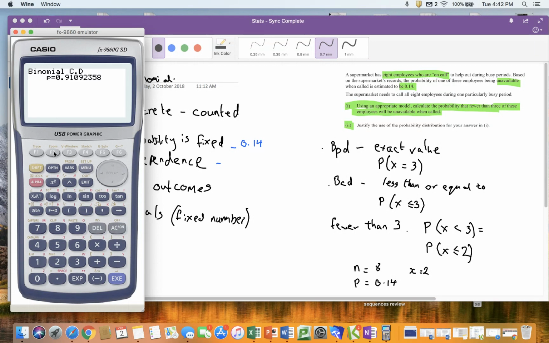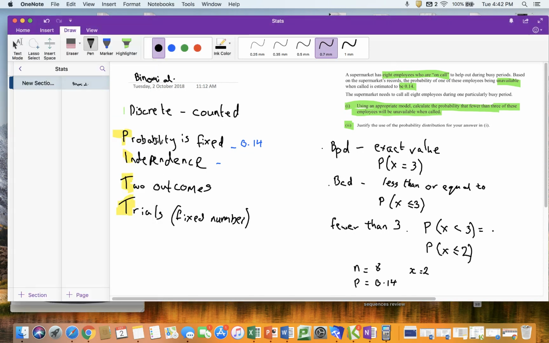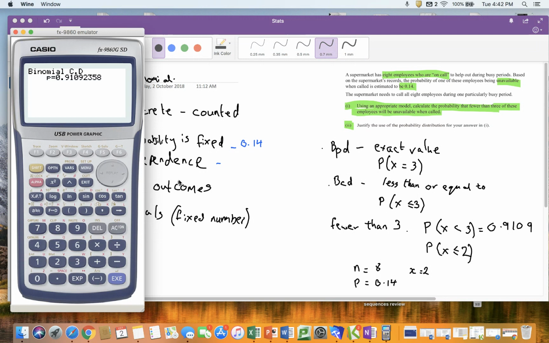And I click answer, and the probability that fewer than 3 of these people will be unavailable is 0.9109. So that's my answer. So there you go. I've managed to answer my probability question.